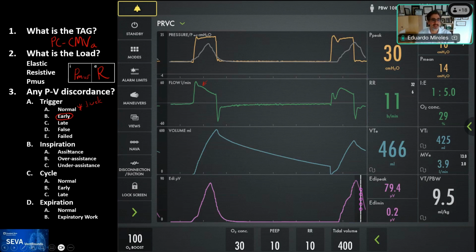And then the rest of what happens is just a manifestation of the early trigger. I do want to highlight an item that is important here, and let's talk a little bit about the expiratory work. The first part I want to highlight is this peak over here.